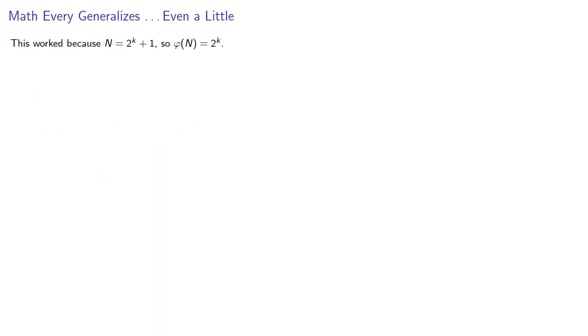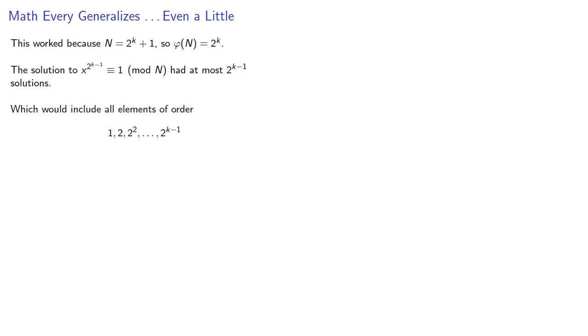This worked because n was a prime of the form 2 to the power k plus 1, so phi of n was 2 to the power k. The solutions to our congruence had at most 2 to the power k minus 1 solutions, which would include all elements of order less than 2 to the k. But since there are at most 2 to the power k minus 1 of these values, then there's n minus the 0 minus the 2 to the power k minus 1 values of order less than 2 to the k.